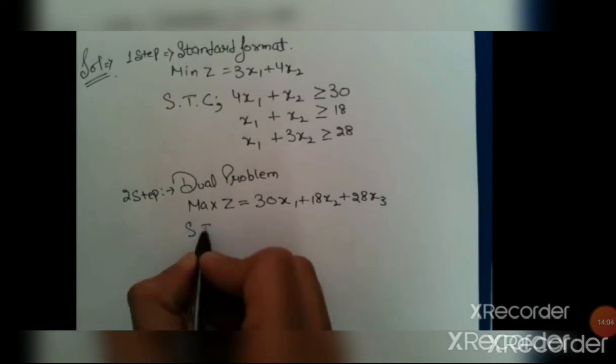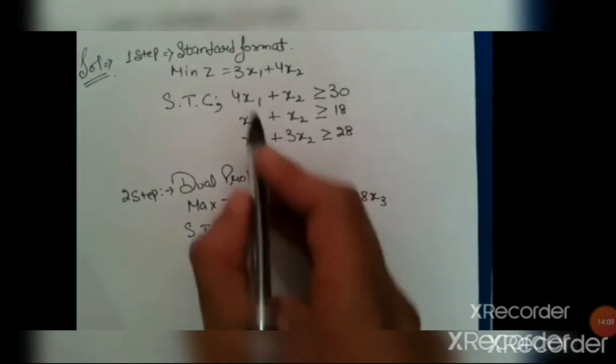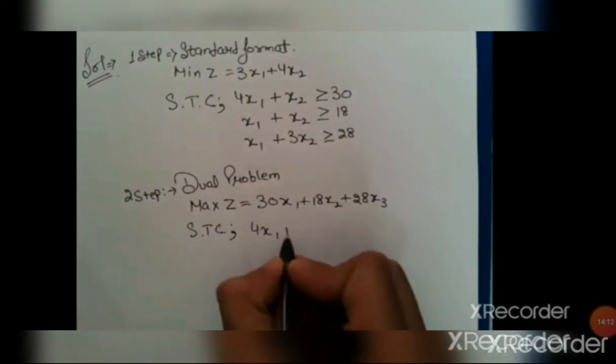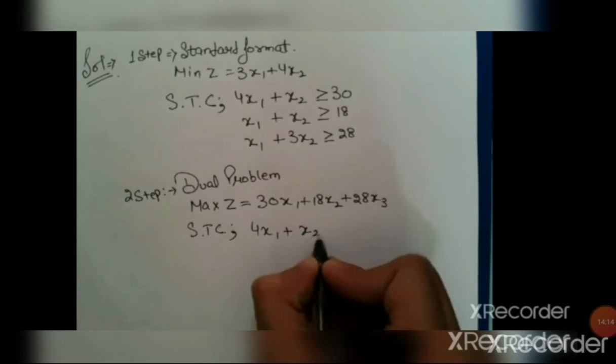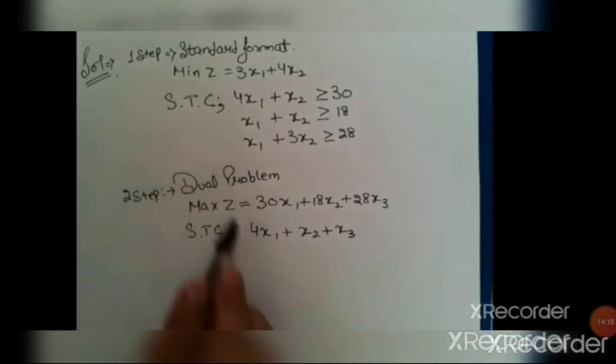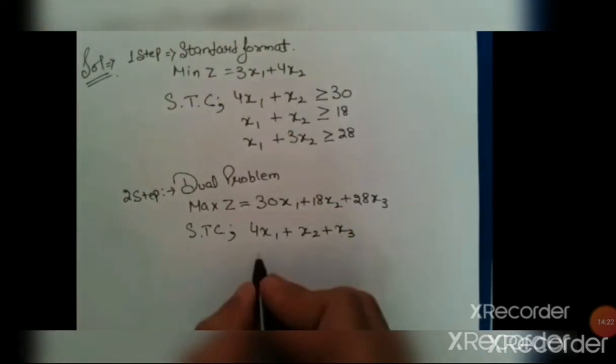Okay. In this way you can write subject to constraint. The first, 4x1 plus x2 plus x3, is less than or equal to 3. It will come afterward.